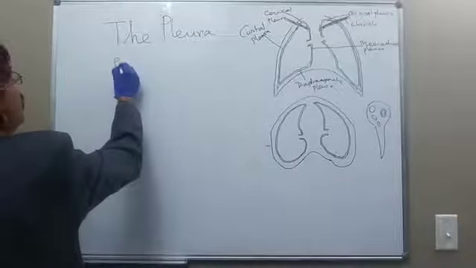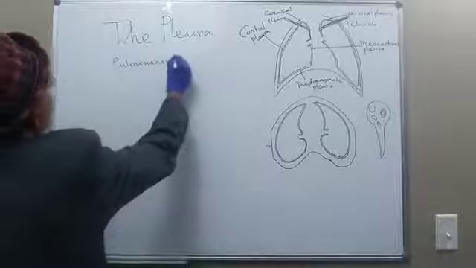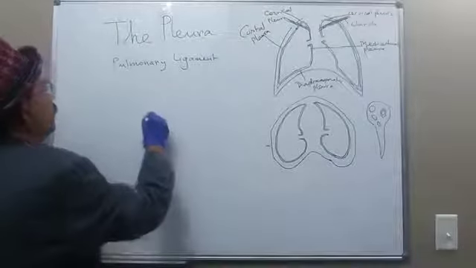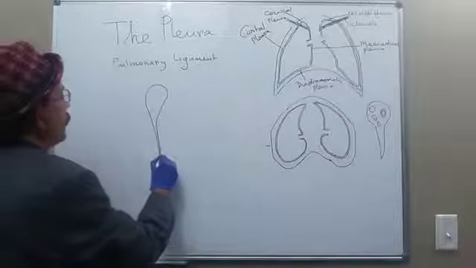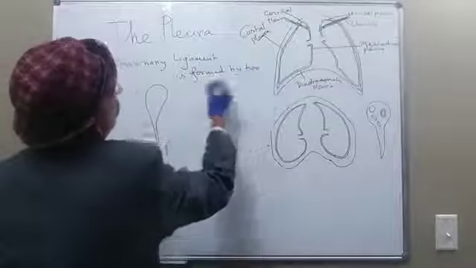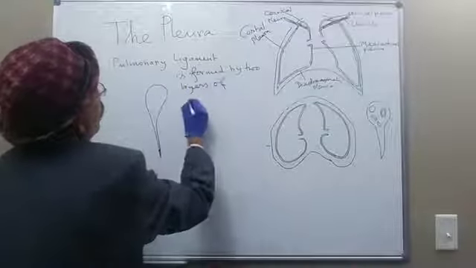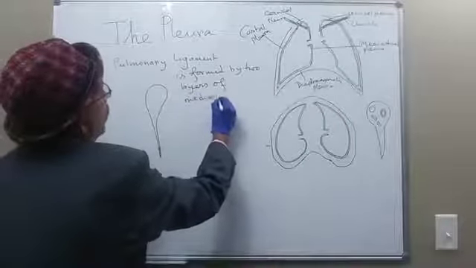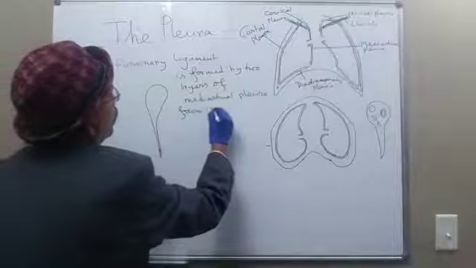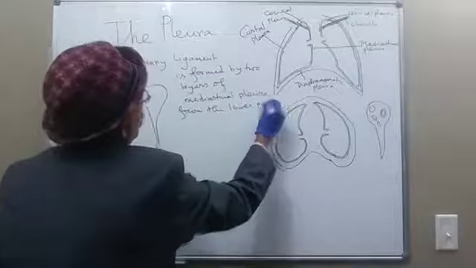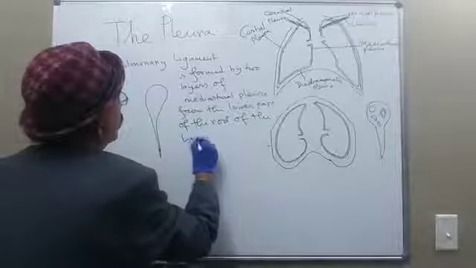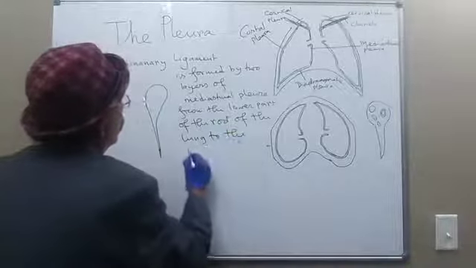Now we'll go to the pulmonary ligament. What is pulmonary ligament? Pulmonary ligament is formed by two layers of mediastinal pleura, from the lower part of the root of the lung to the diaphragm.